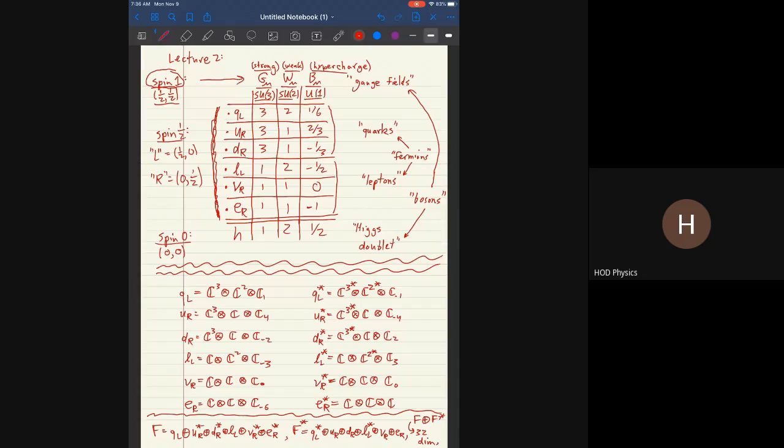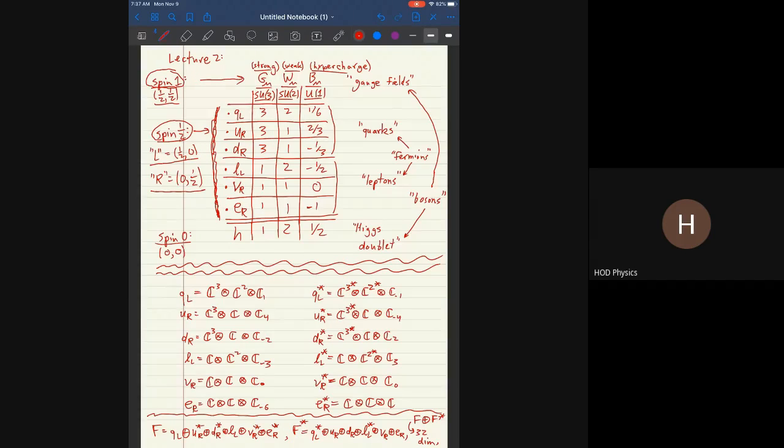Meanwhile, the spin 1/2 spinor fields down here depend on whether they have the label L or R. The left-handed fields, which have a subscript L, transform as the 1/2 0 representation of the Lorentz group, and the right-handed fields, which have the subscript R, transform as the 0 1/2 representation of the Lorentz group.